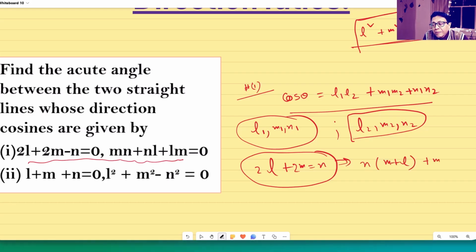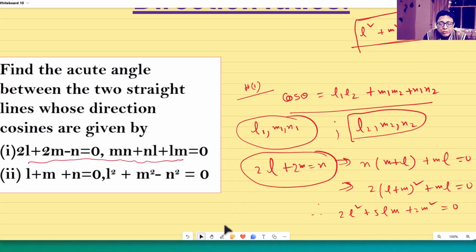If you take N common, N is 2 into L plus M, and this is also L plus M, whole square, plus ML equal to 0. So what do you get? It is 2L square plus 5LM plus 2M square equal to 0.